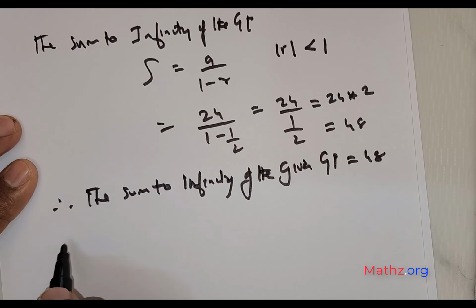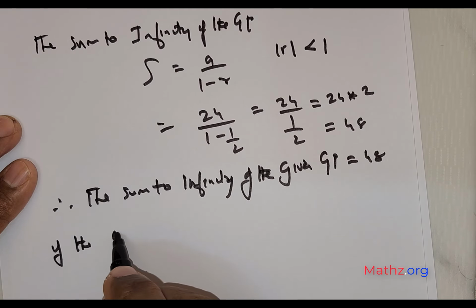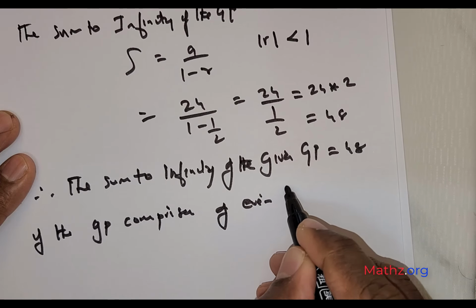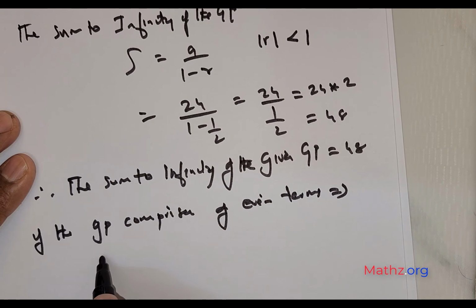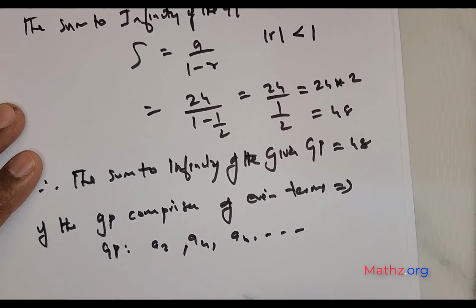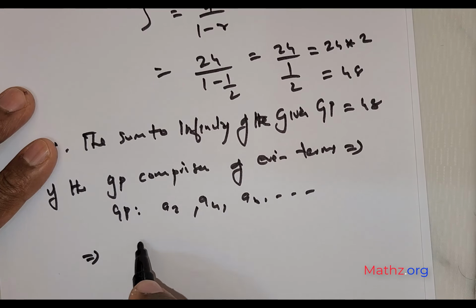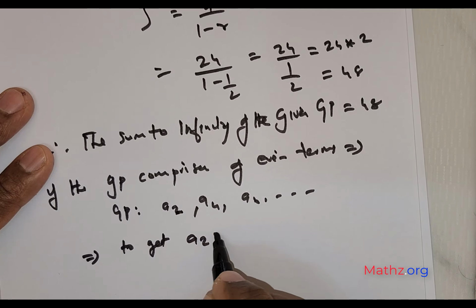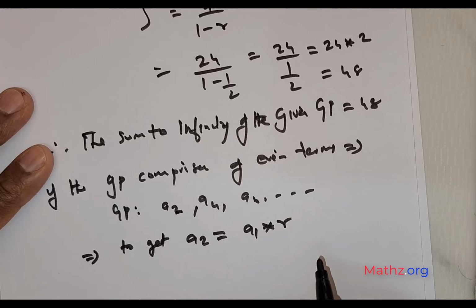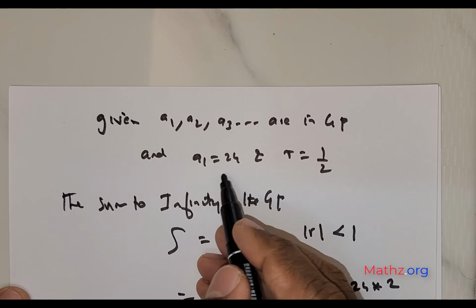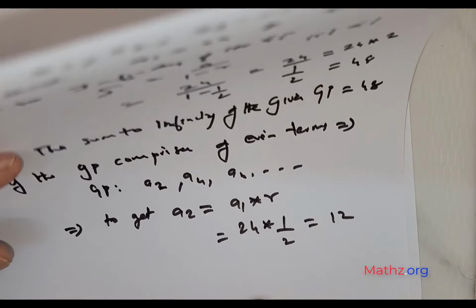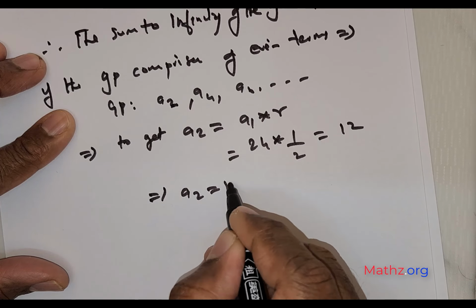Now the next part: if the GP comprises the even terms, this means the GP has A2, A4, A6, etc. To get A2, A1 has to be multiplied with r. But what is my A1? The first term is 24. So 24 multiplied by r gives you 12. So this means my A2 is equal to 12.